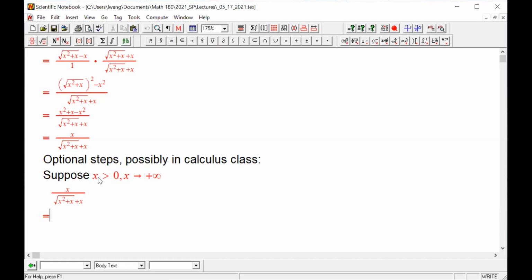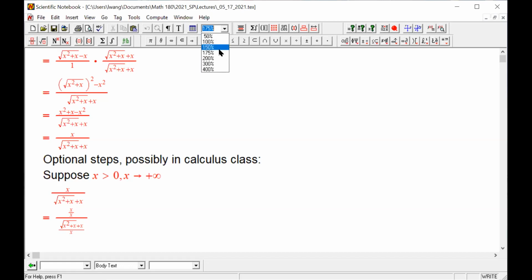If you are in this scenario, the other thing you're going to do is divide both top and bottom. So this guy, you're going to divide by x. And the entire denominator is also going to be divided by x.